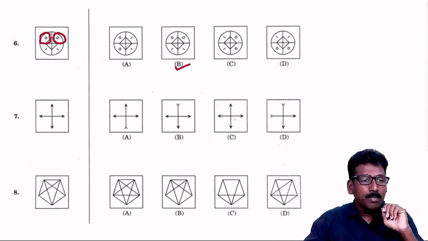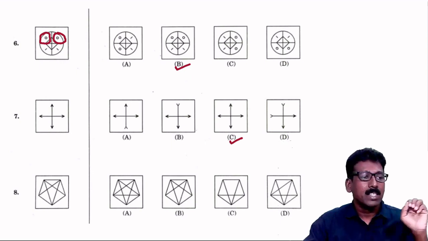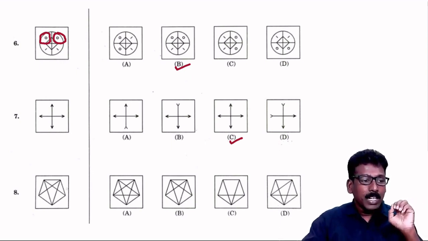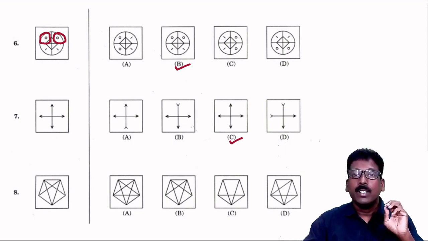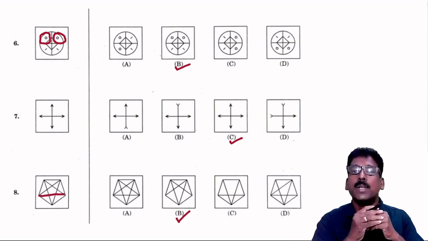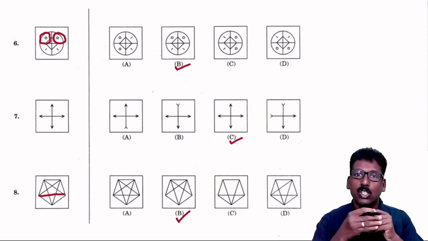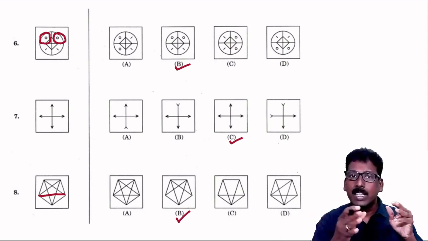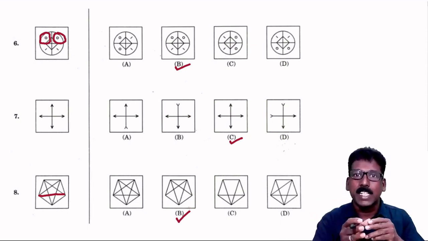Here you can see C is exactly same as question figure. Now here a pentagon is given and some diagonals are also given. Here you can see one diagonal is missing, right? So this option B will be the correct option. So mark these options in your OMR sheet.